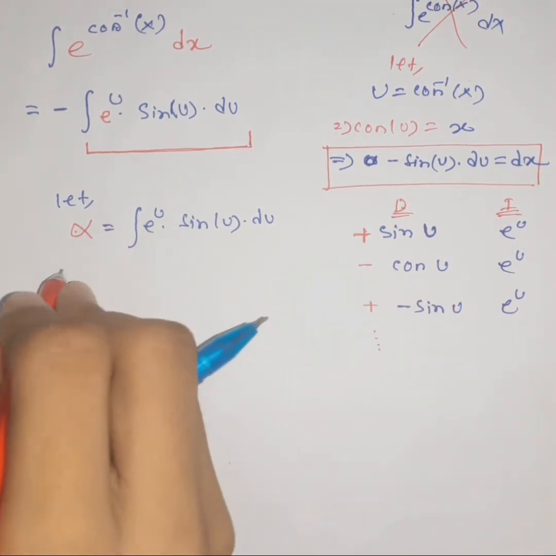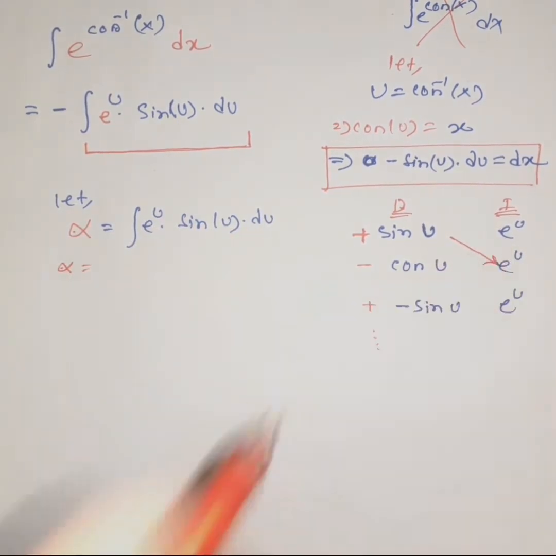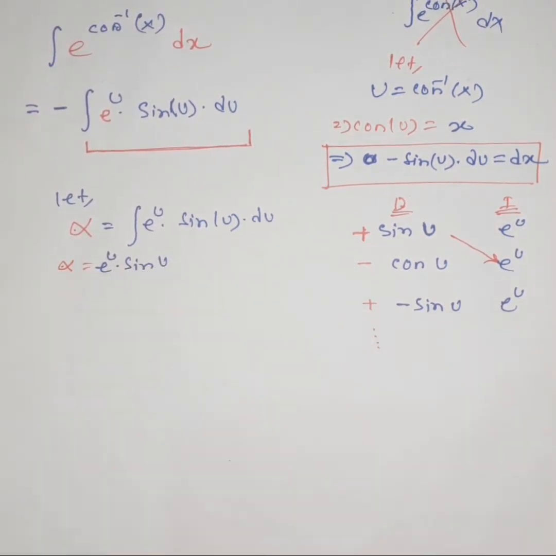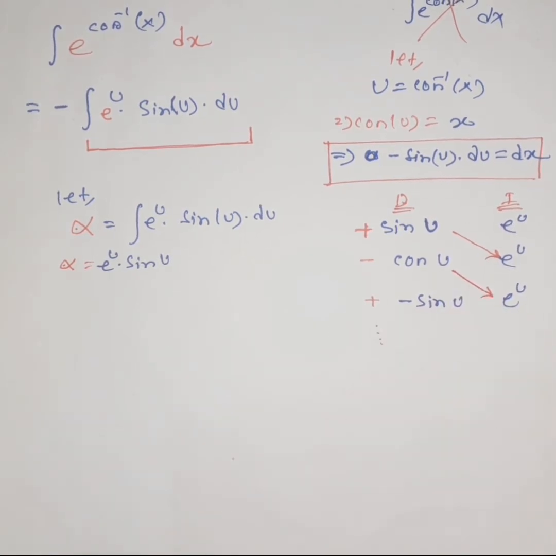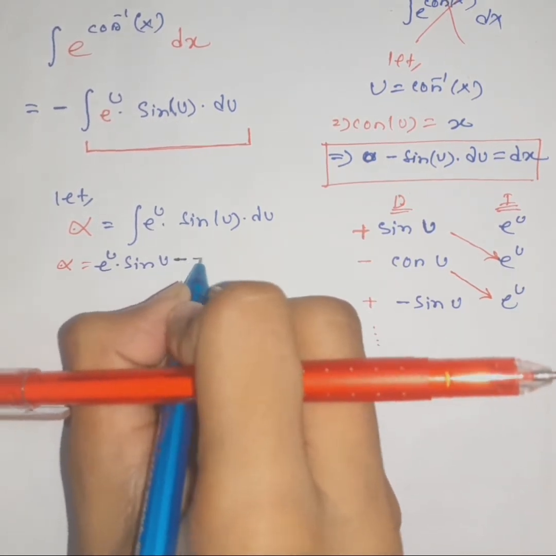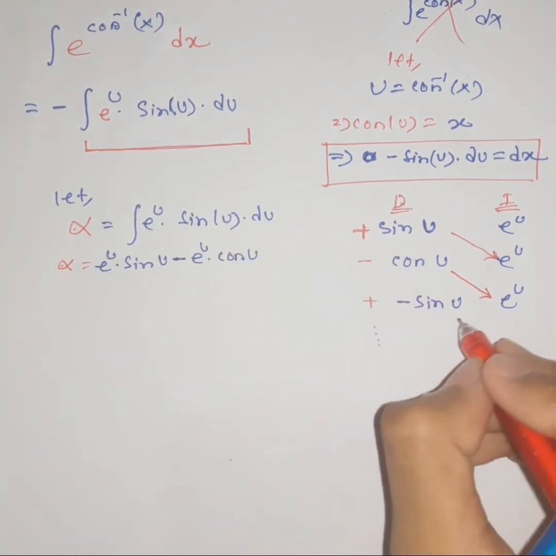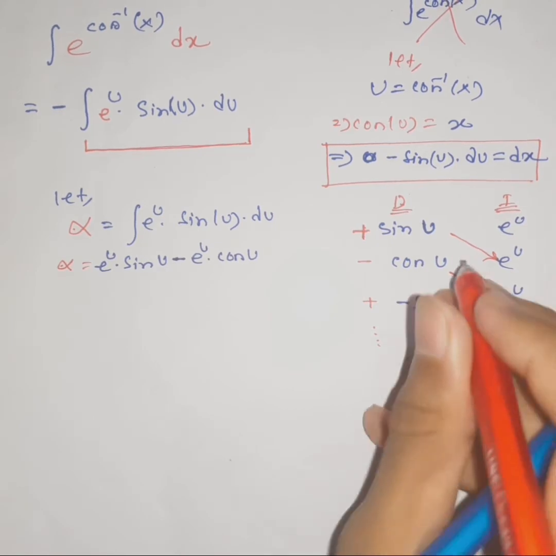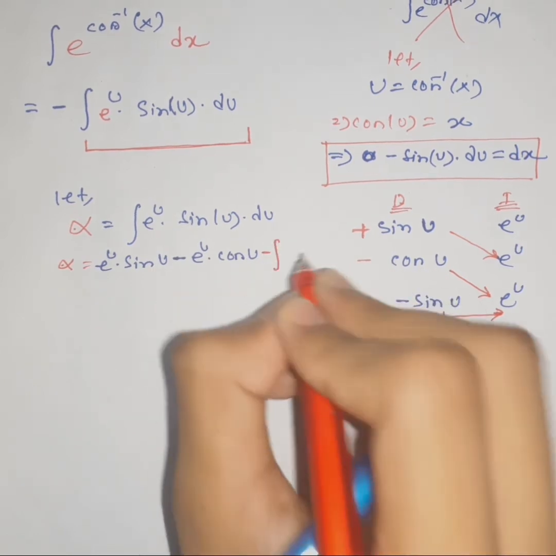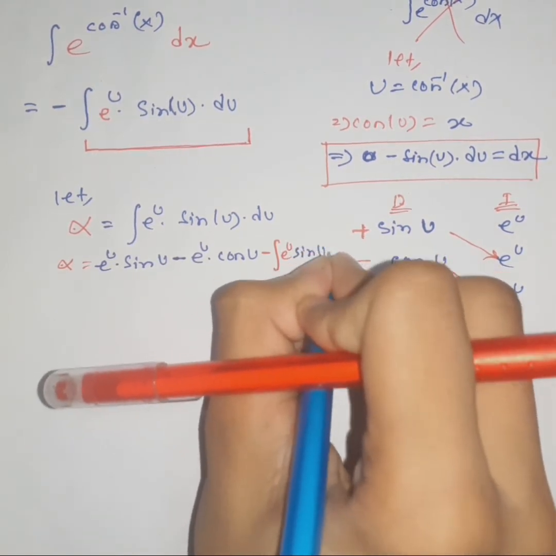Now this fish is equal to, the first part of our answer is the product of the first diagonal, so e to the u sin u, and the second part is the product of the second diagonal, so this is positive and negative, so this is negative e to the u times cosine of u, and don't forget that this row is still an integral and it's negative, so negative integral of e to the u sin of u du.